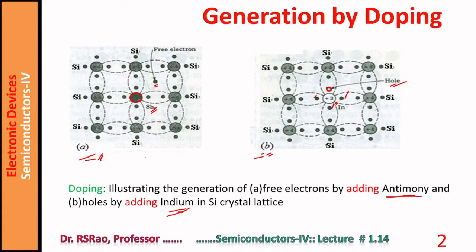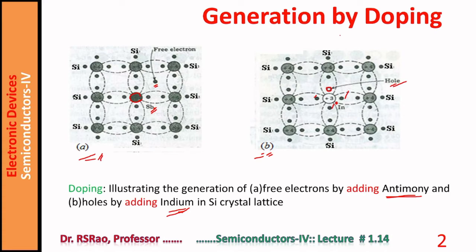Addition of trivalent impurities like indium generates holes in the semiconductor. Increase in electron concentration or hole concentration leads to increase in the conductivity of semiconductor.